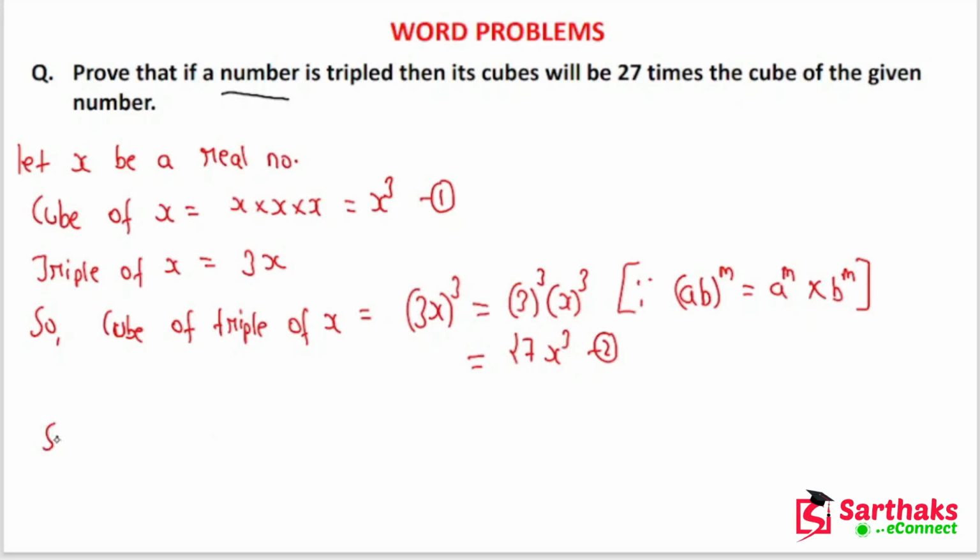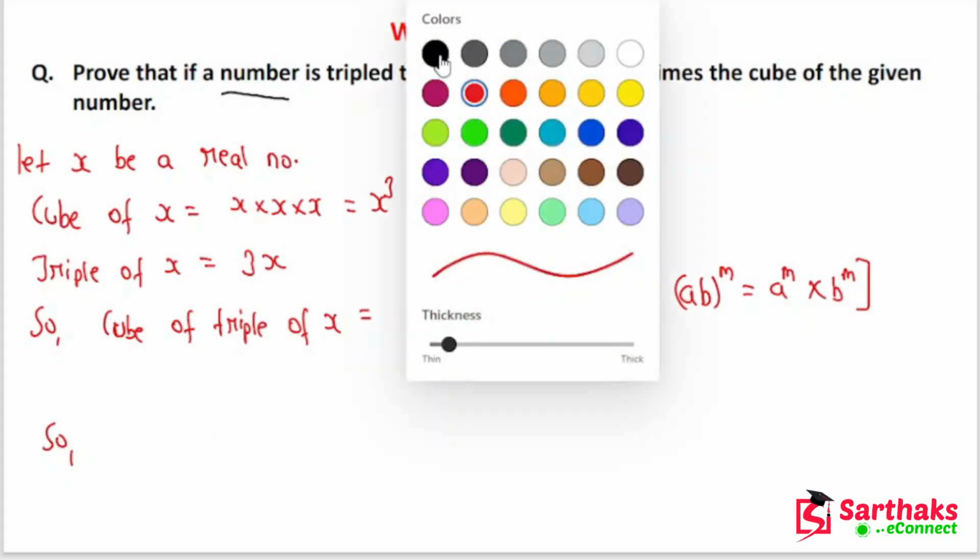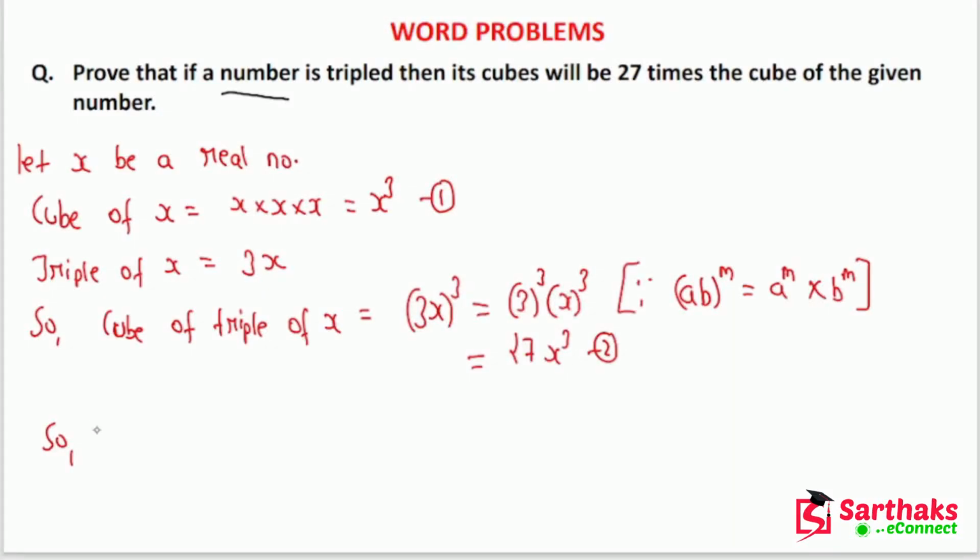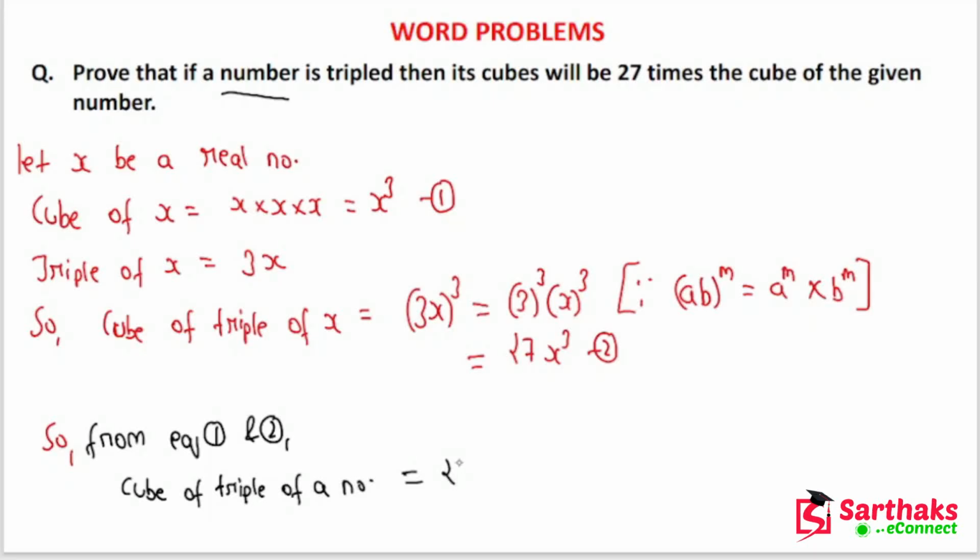So we can generalize it from equation 1 and 2. From equation 1 and 2, cube of triple of a number is equal to 27 times the cube of the number, right?